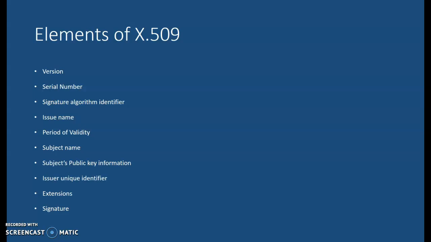Serial number: it is an integer value unique within the issuing certification authority that is unambiguously associated with the certificate. Signature algorithm identifier: the algorithm used to sign the certificate together with associated parameters.